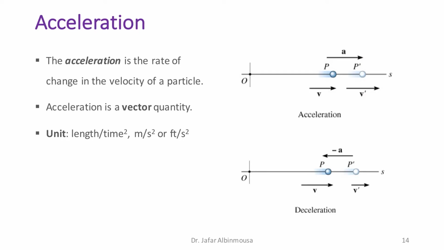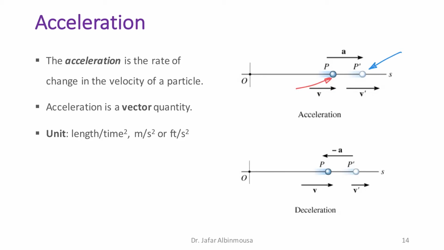Now, if you look here, again, if the particle is at this position P, and then it moved to position P prime, and if we were to measure the velocity, then at position P, the velocity has a direction, which is to the right-hand side, and a magnitude represented by the length of this arrow.